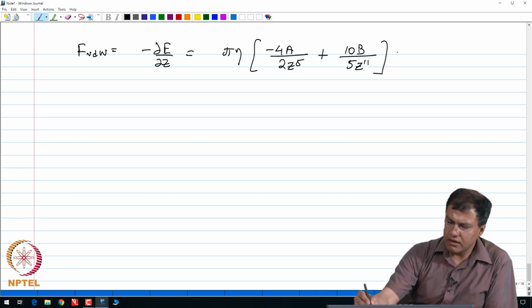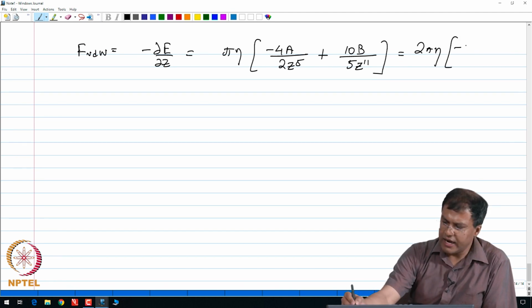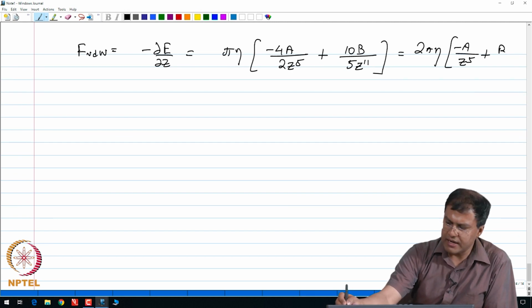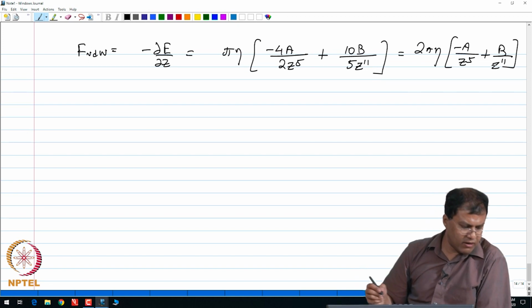Which is also equal to, let me just rewrite, 2 pi eta times negative a by z to the power 5 plus b by z to the power 11. So, that is my van der Waals force.